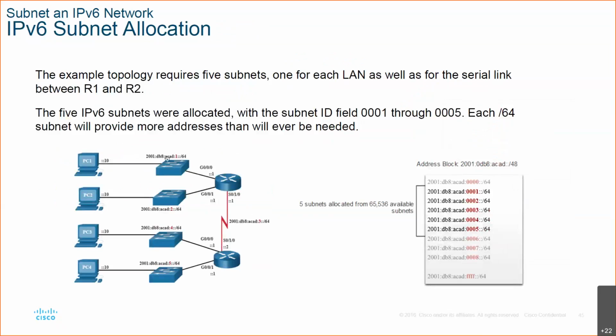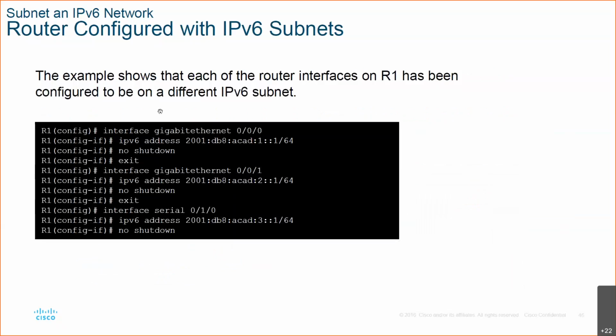Now, look at this, for example. We have got gigabit Ethernet 0/0, and the subnet we have given is 1. Here, for 0/1, we give the subnet as 2. For another network, we give the subnet as 4, 5, and so on. And you can give your IP address based on different interfaces.